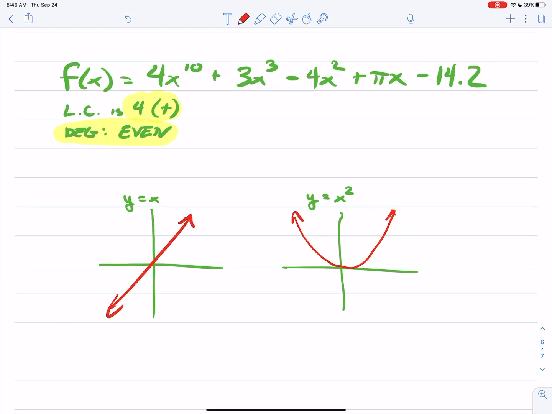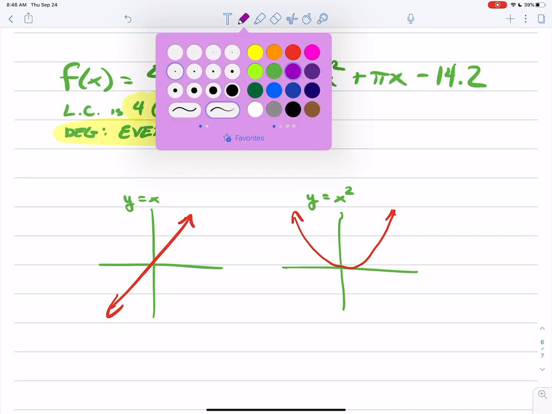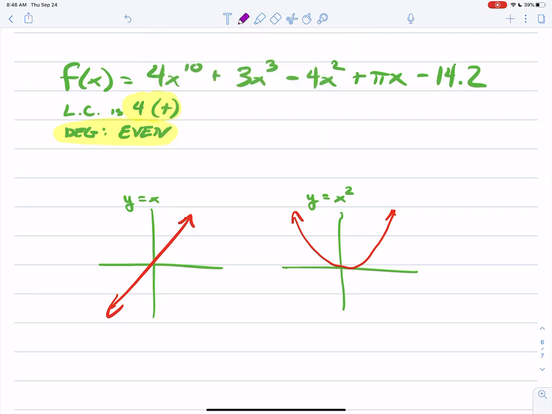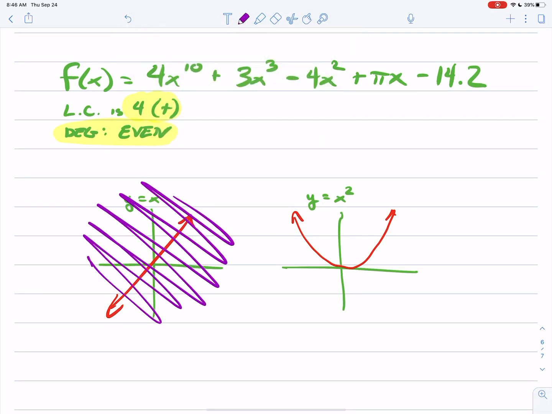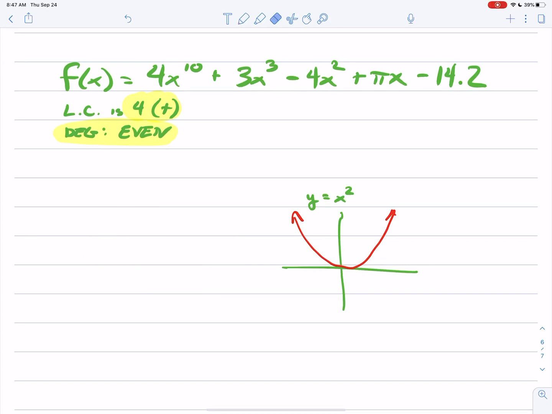Here's what's running through my head, and you guys will practice this, okay? I know my degree is even, so I'm not going to look at the line, okay? So I'm actually going to get rid of that. Okay? Now that it's even, and the leading coefficient is positive, I know it's going to be facing upwards. I know it's not going to look like a parabola, but it'll end like a parabola.